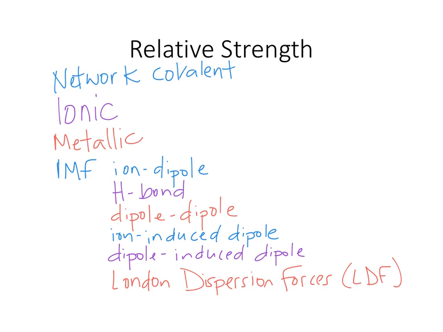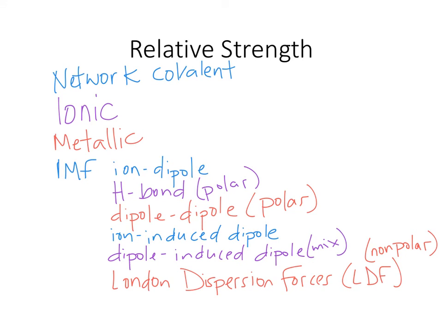So remember that dipole-dipole is a pure polar compound. Hydrogen bonding is a pure polar compound. And London dispersion forces are pure nonpolar compounds, molecules or atoms. The other ones are mixtures. So dipole-induced dipole is a mixture of polar and nonpolar.